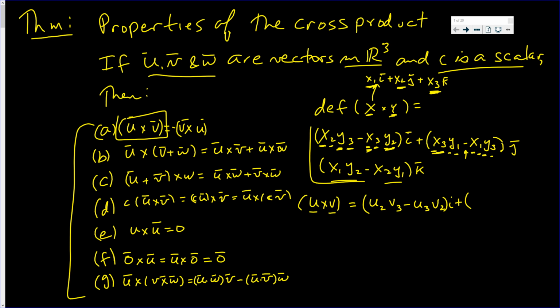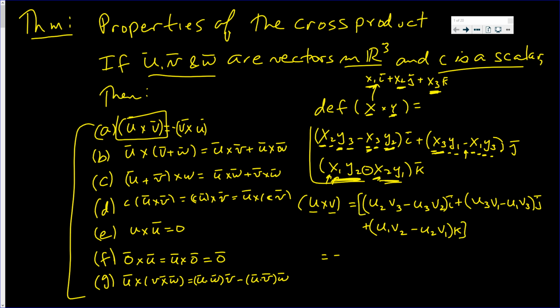And then you get the first vector, U, third component, second vector, first component, minus the first vector, first component, the second vector, third component. That's in the J direction. And then lastly, the K direction. The first vector, first component, U1, then the second vector, second component, minus the first vector, second component, second vector, first component. Okay, so that's U cross V.